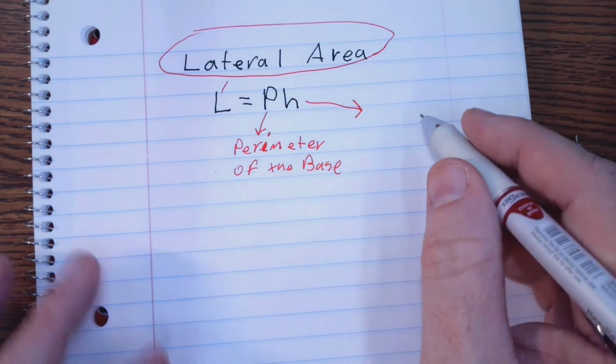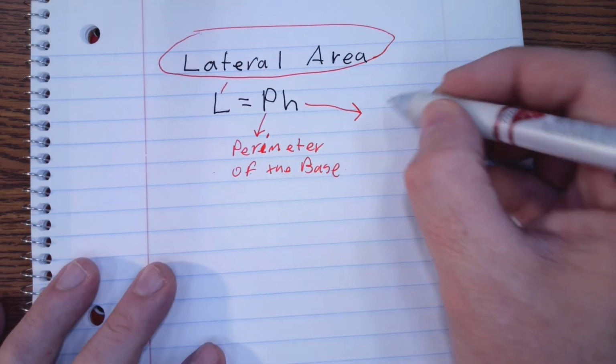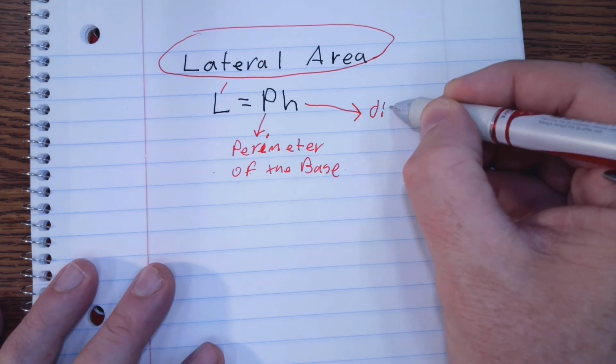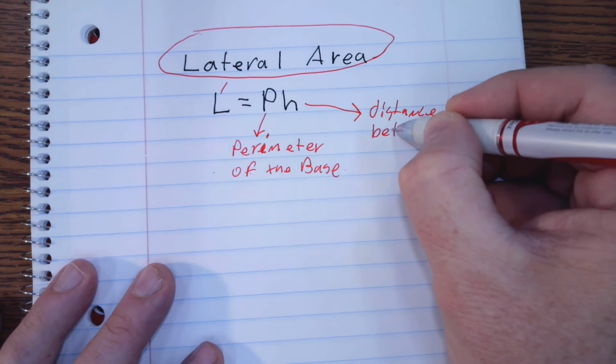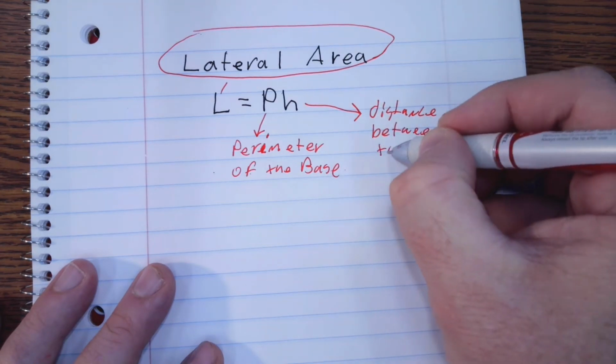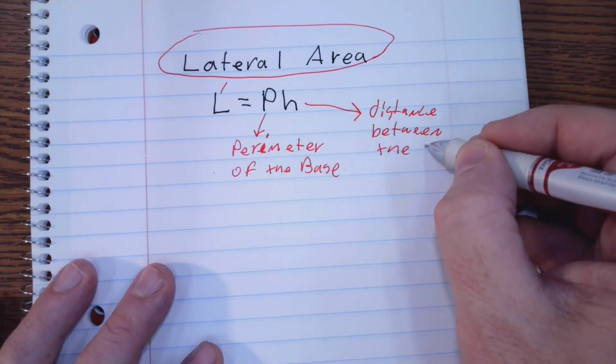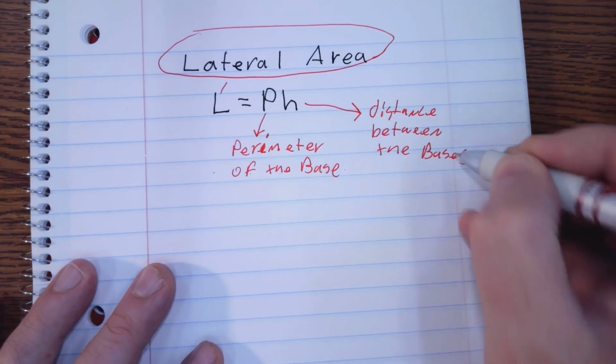H is the height of the shape, or you could just say it's the distance between the two bases. Okay?